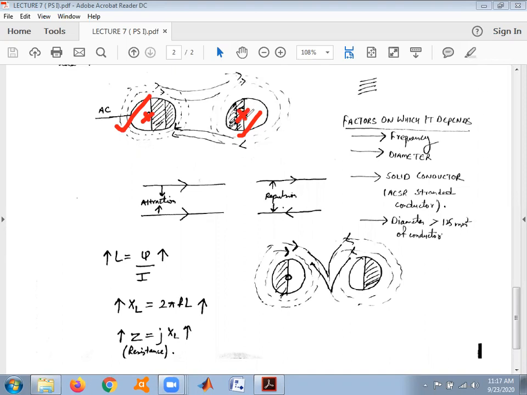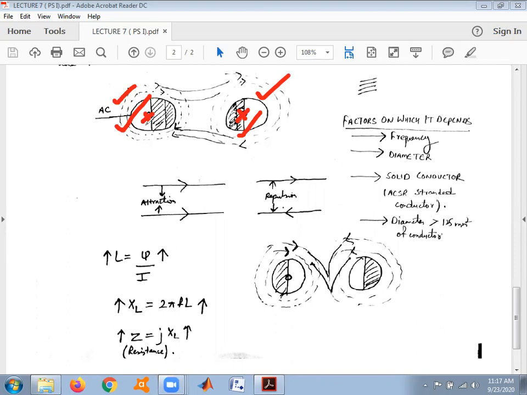By applying Fleming's left hand thumb rule, the thumb gives the direction of the current, that is inwards, and the four fingers give the direction of the flux. The flux is rotating in the clockwise direction in this conductor, and also in the clockwise direction in this conductor. In this particular case, we are assuming that both currents are flowing inwards.